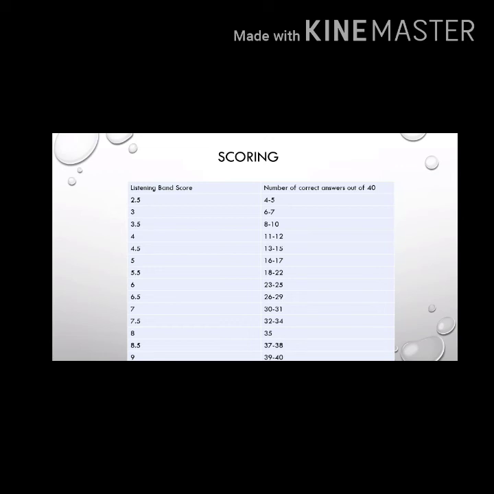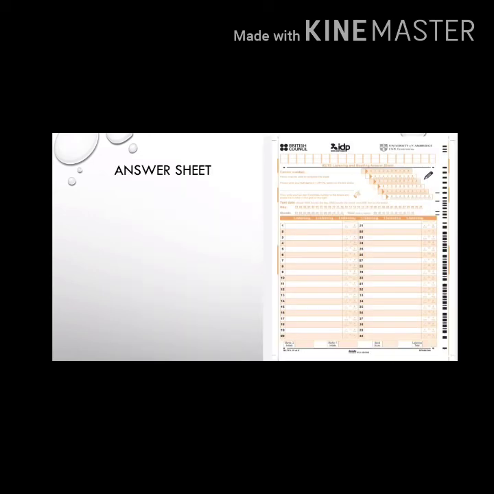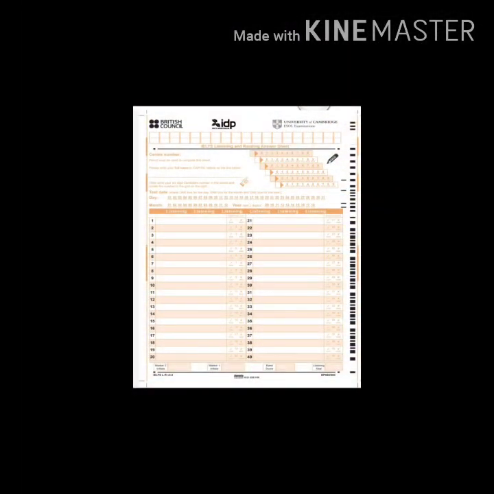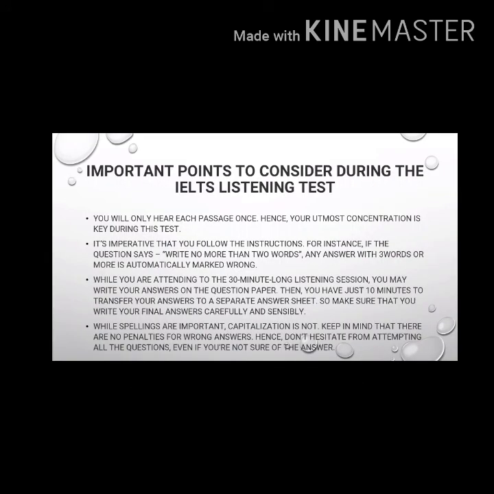You can also get this table by clicking the link in the description box. Next, I will show you an answer sheet of your listening test. This is your answer sheet for your listening exam, where you transfer your answers from your question booklet. You can get a PDF of this answer sheet in the description box.